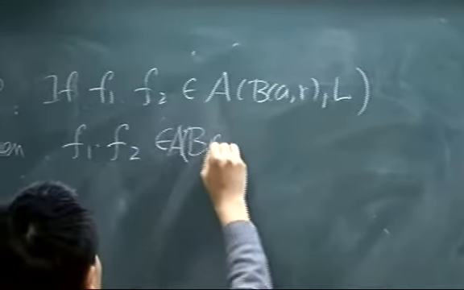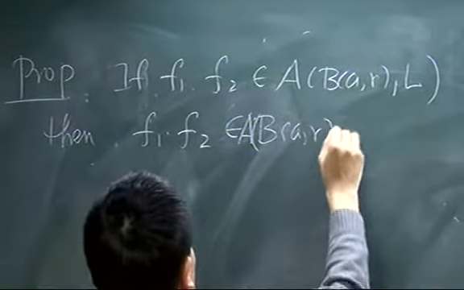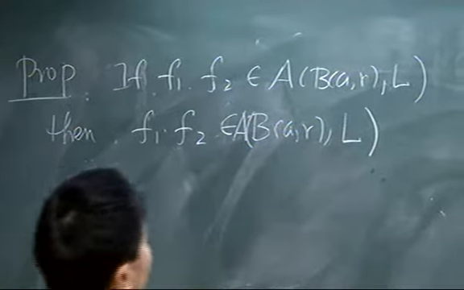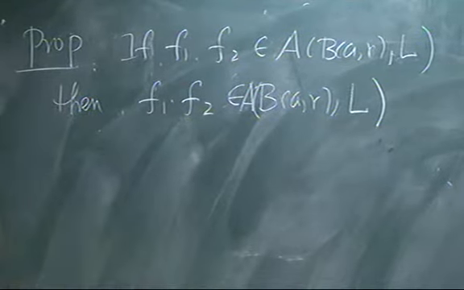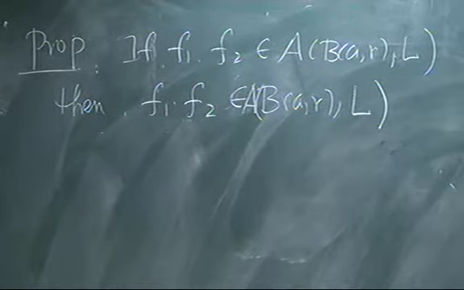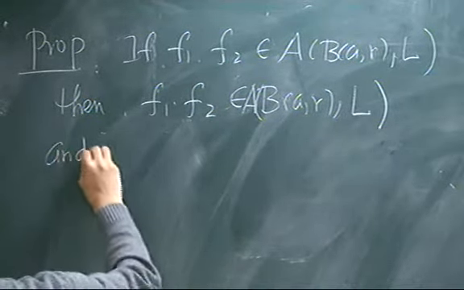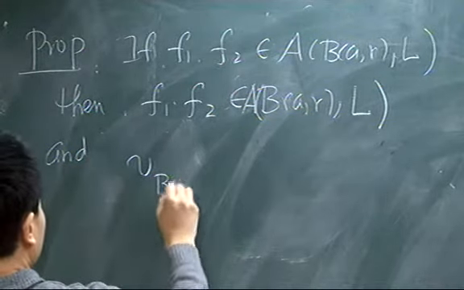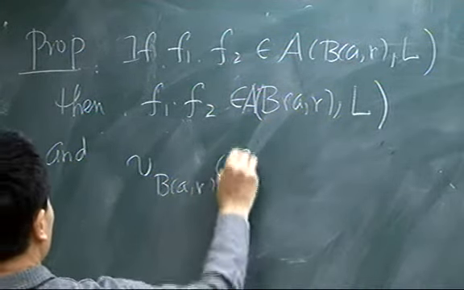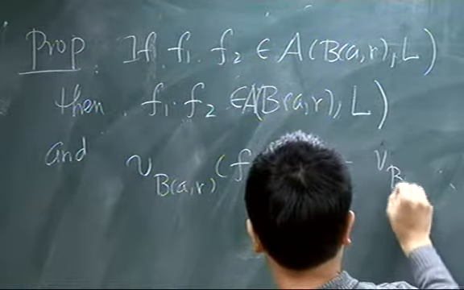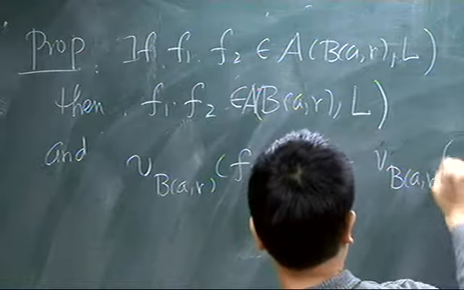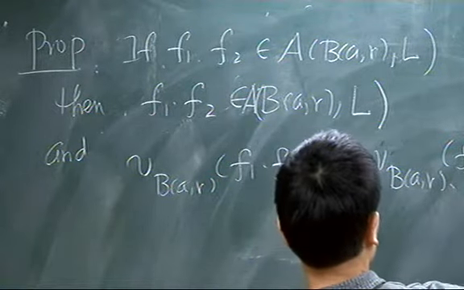That means this is not only a module or vector space; you have a product structure there. It could be an algebra or a ring. And if you take this v_{B(a,r)}(f_1 f_2), you can check it is compared with f_1 plus f_2.